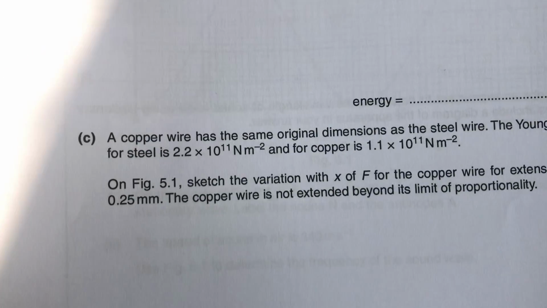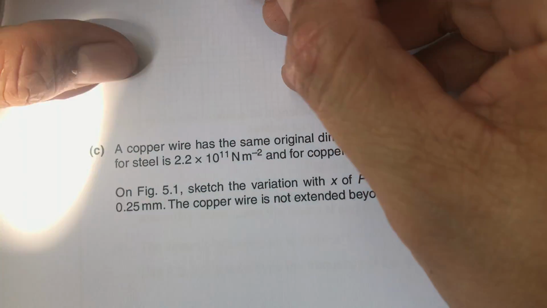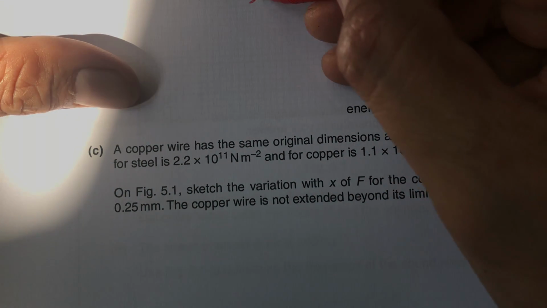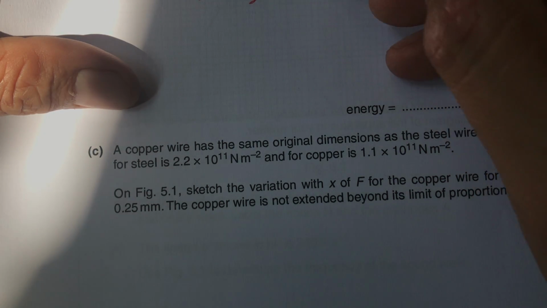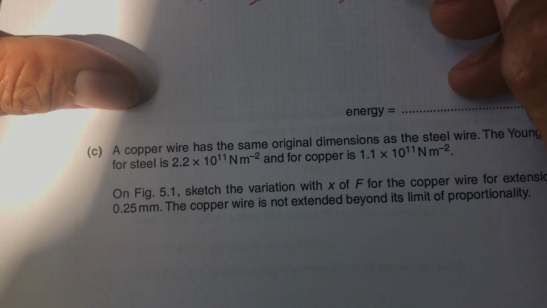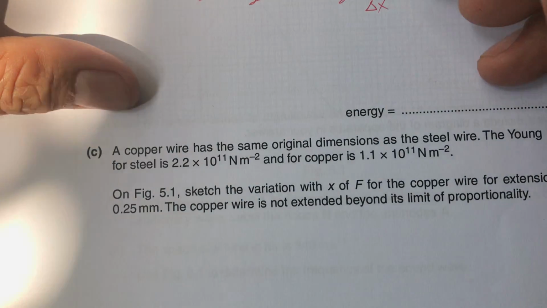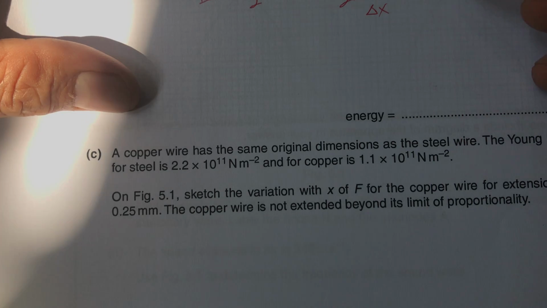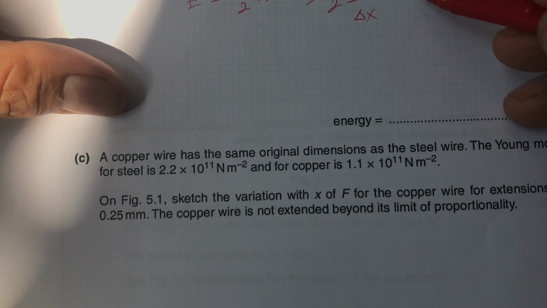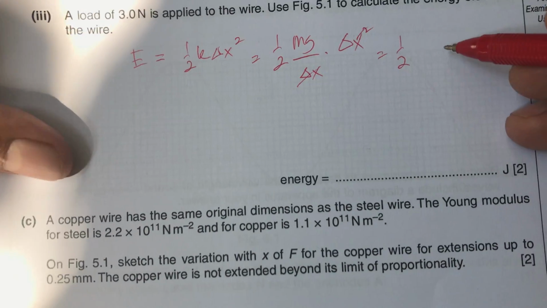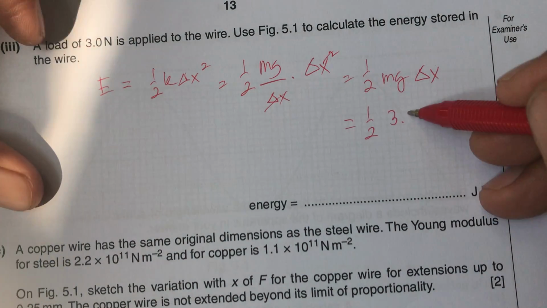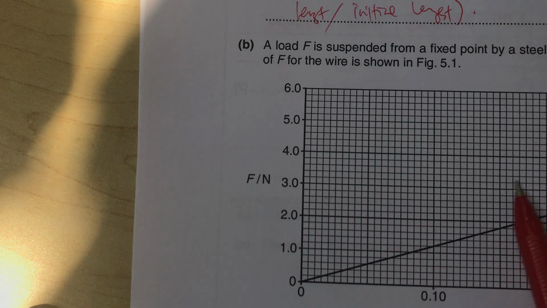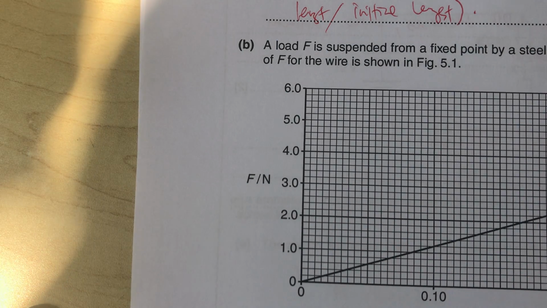The energy stored is half k delta x squared, or mg over delta x squared, so we can cancel and it is the same as half mg delta x, or half times 3.0 Newton times delta x, which we can see here is around 0.25.